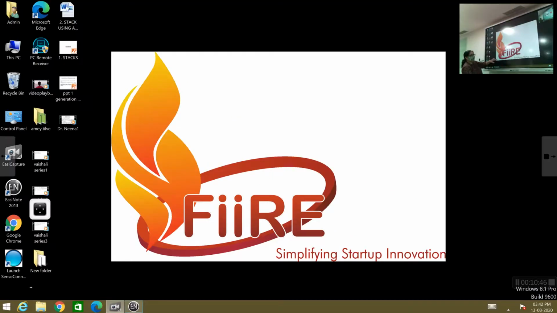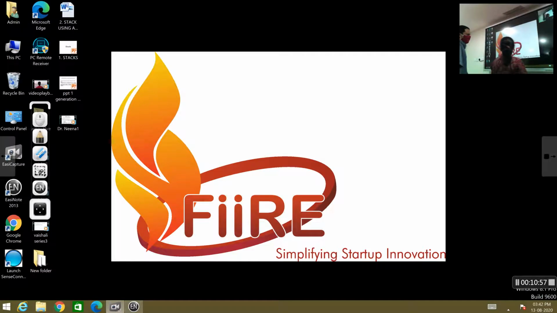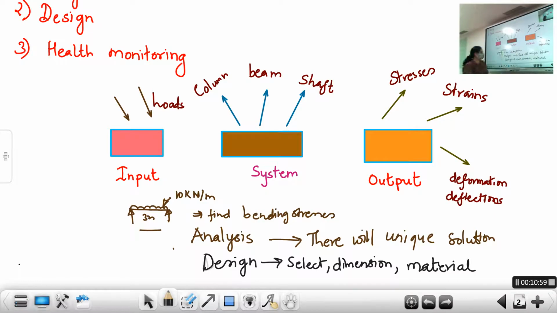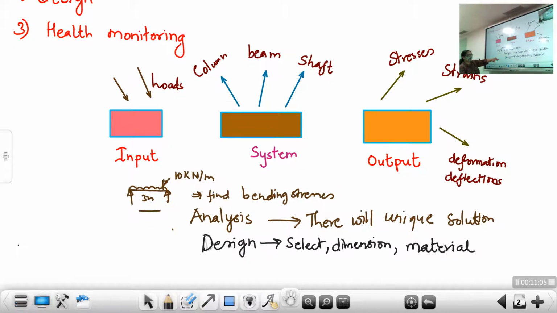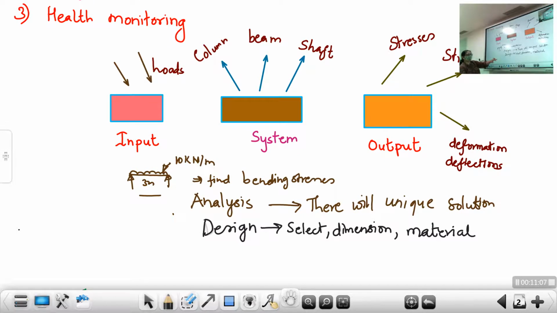So there is flexibility in design. In a design problem, the engineer has the liberty of choosing the material, selecting the size and the dimensions so that the best system is designed.